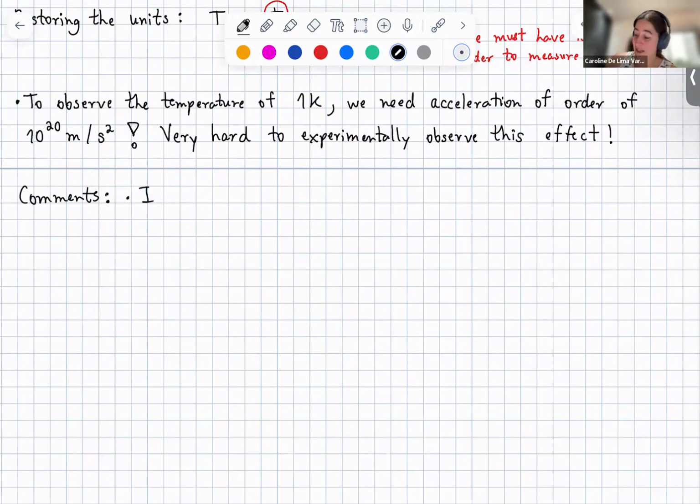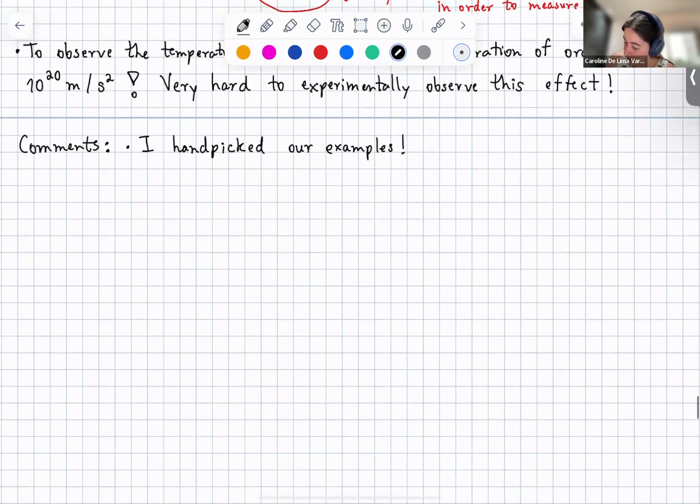So by cheating, what I mean is that I handpicked our examples. Okay. And what do I mean by that? It means that for illustration purposes, I wanted you guys to see this Wightman function of the thermal bath match the Wightman function of the accelerated detector in Minkowski.